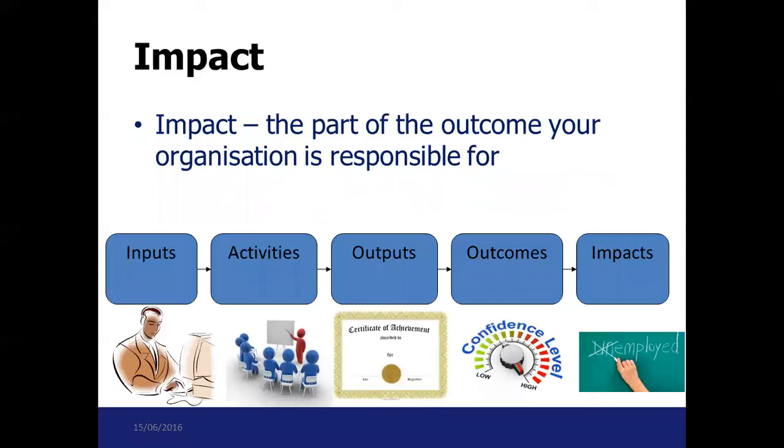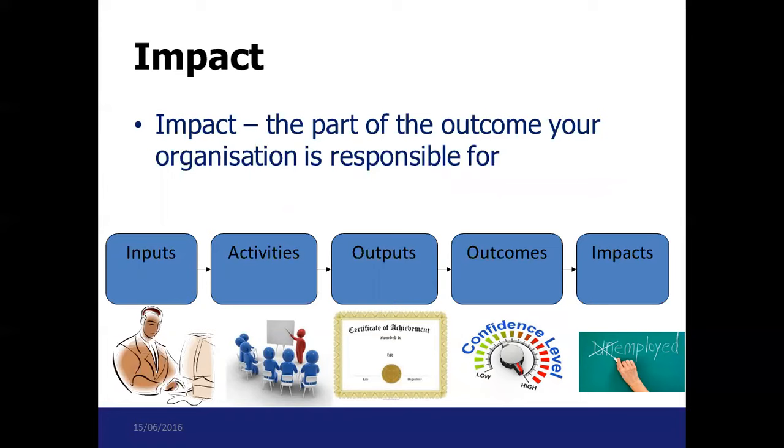Okay, so I just want to explain what social impact is. When people often talk about all these different words: inputs, activities, outputs, outcomes, and then impacts. So I want to just explain it through this example.